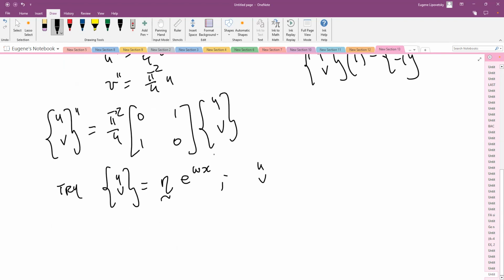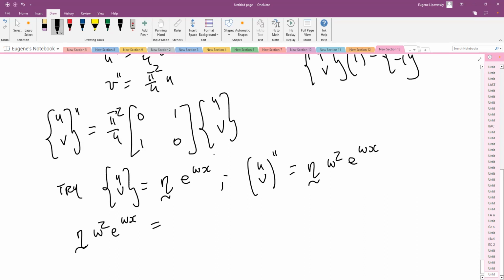And then u v double prime will be eta omega squared e to the omega x. So we have eta omega squared e to the omega x equals pi squared over 4 times the matrix 0, 1, 1, 0 times eta e to the omega x.